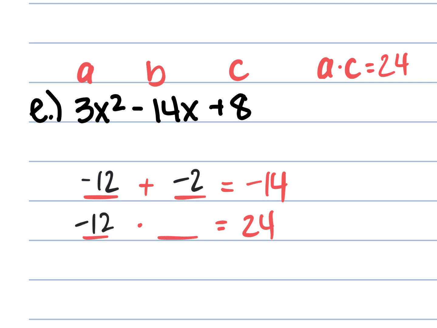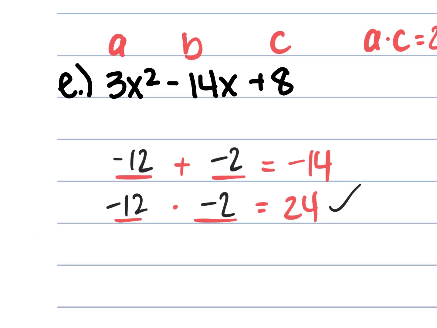Why are they both negative? So that they can add to a negative and multiply to a positive. Very good. When we're multiplying them, we're getting a positive. What do I do next? AJ. You have to make the two binomials, the grouping.